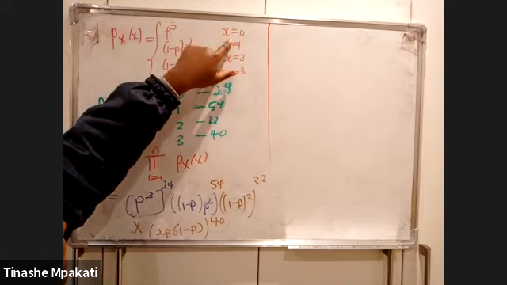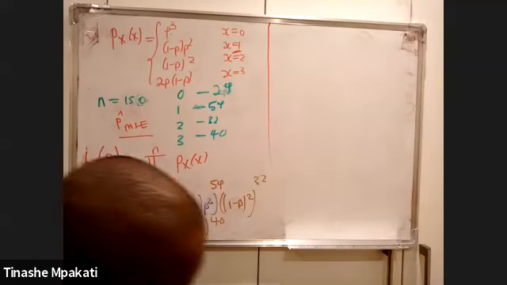For you to find the likelihood function, all you have to do is take the probability at that point and raise it to the number of times x occurs. Okay, hope that makes sense.